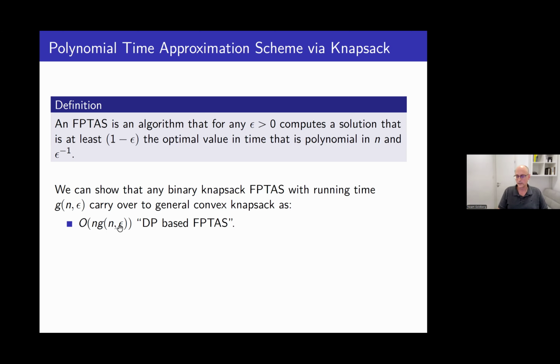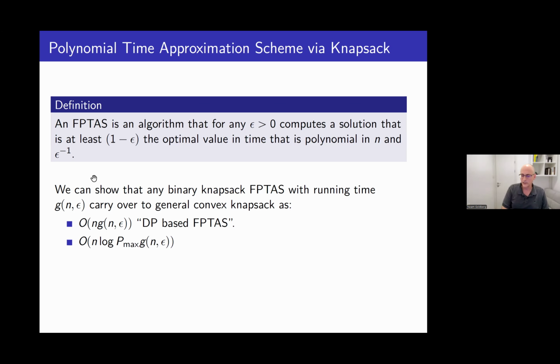One is if we have a DP-based FPTAS, then it will carry over with the complexity of n times the complexity of the knapsack FPTAS. That's because the DP approach would compute an entire table, not just a single profit value.